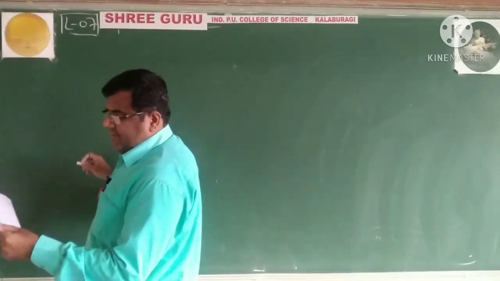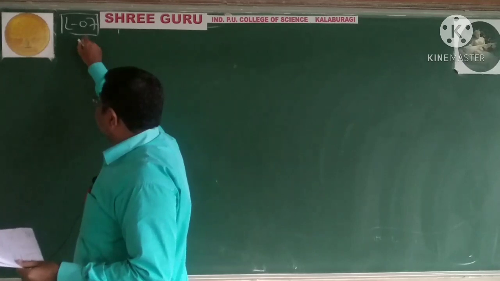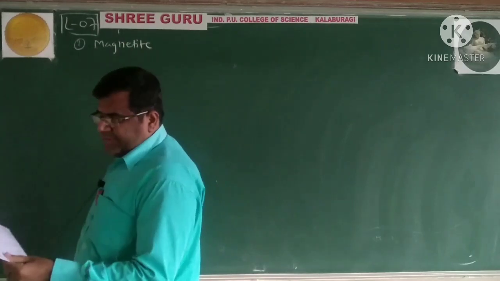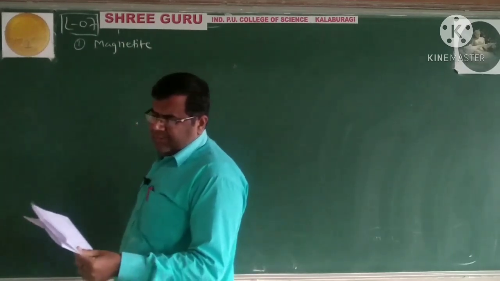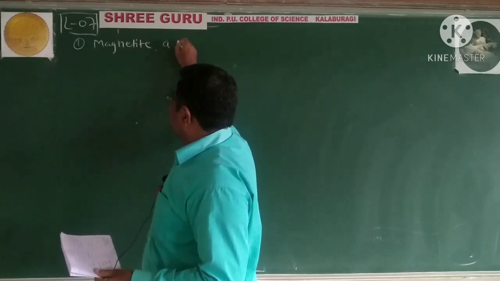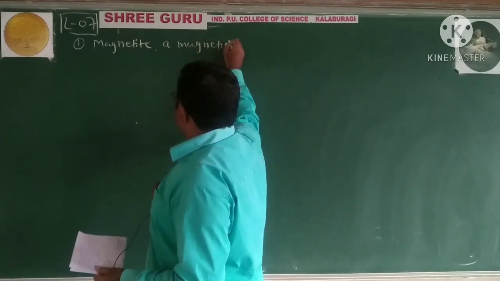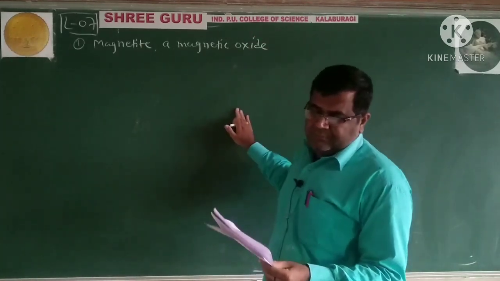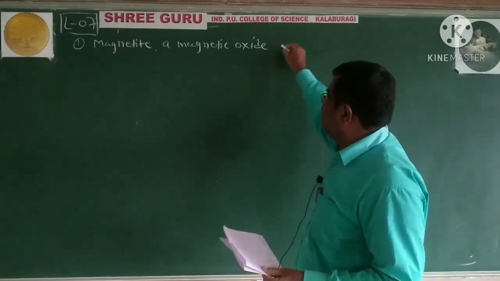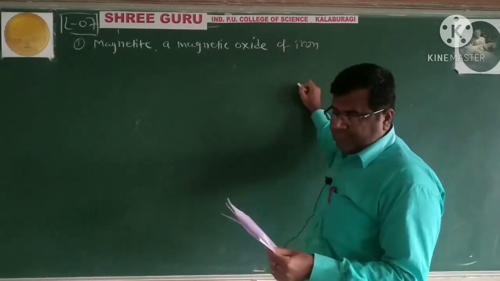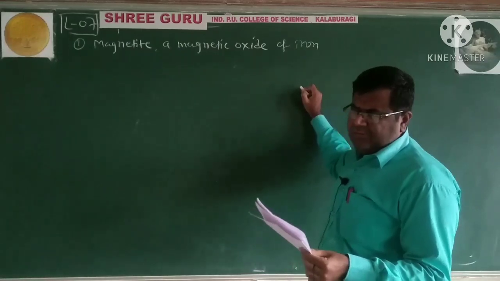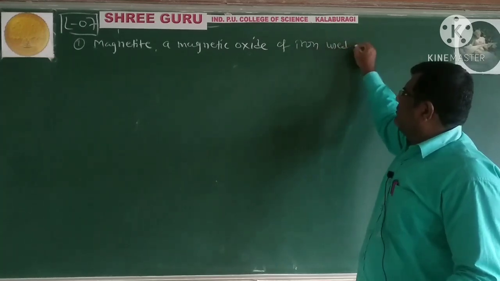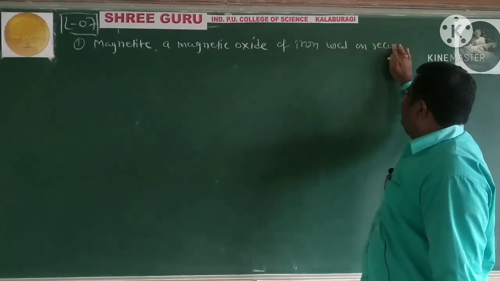The first question: magnetite, a magnetic oxide of iron used in recording tapes.